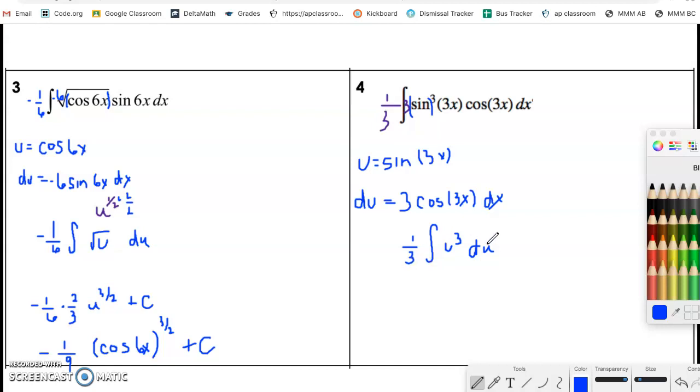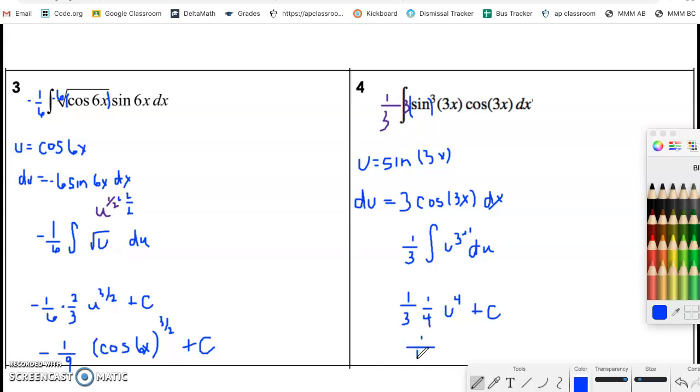So take the antiderivative here, I add 1 to my exponent, and I'll get 1/3 u to the 4th, multiply by the reciprocal, which is 1/4, times, then it'll become plus c.